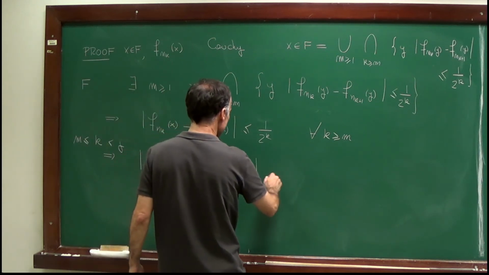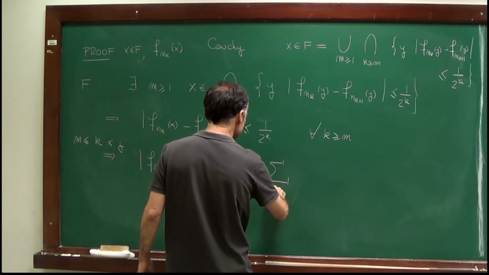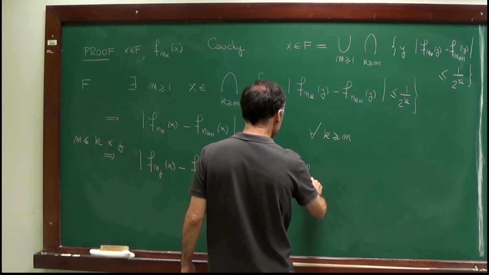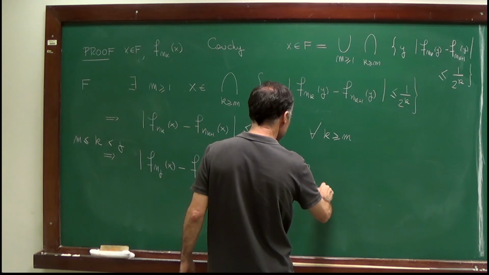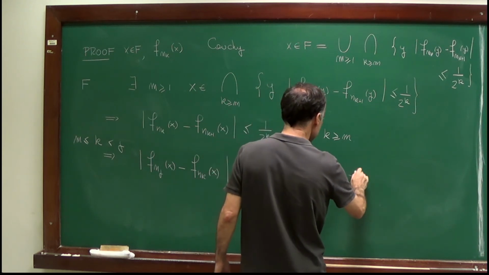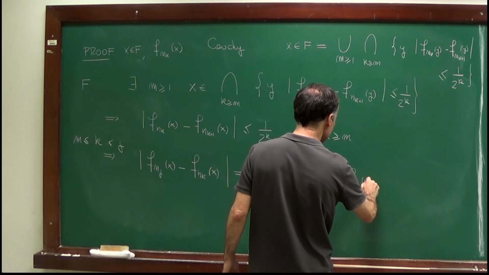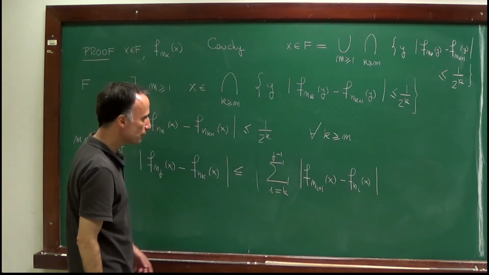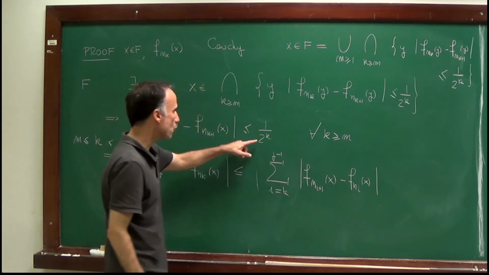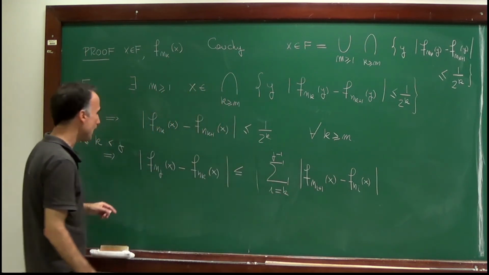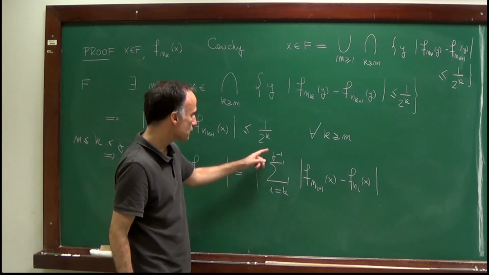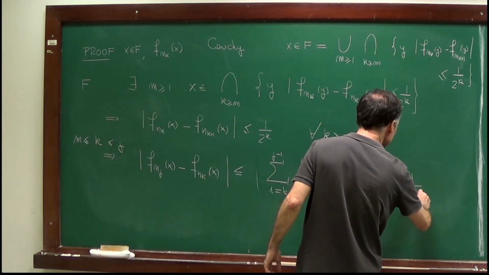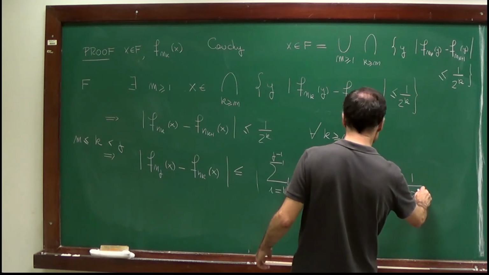Let me write it as a sum going from i equals k to j minus 1 of f_{n_{i+1}}(x) minus f_{n_i}(x). And this is now bounded. So this difference is bounded by 1 over 2 to the power i. And since I'm summing, this is bounded by 1 over 2 times 2 to the power of the smaller one, k.